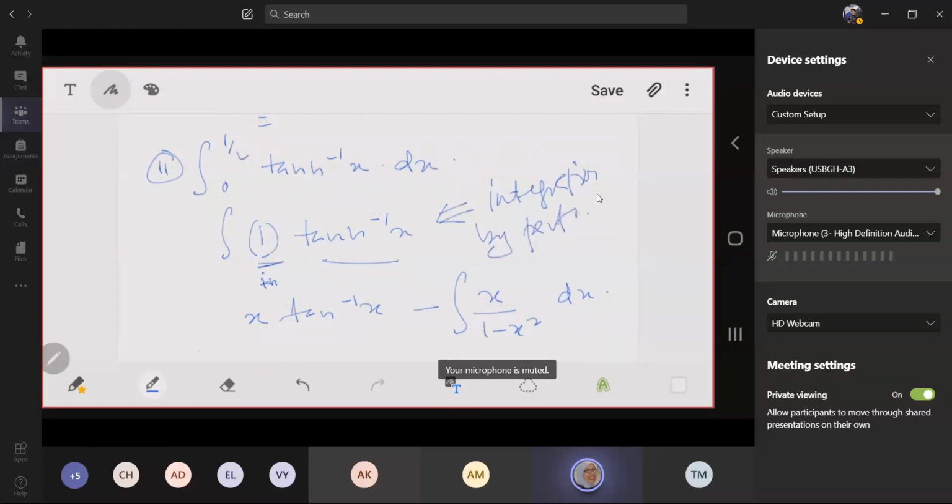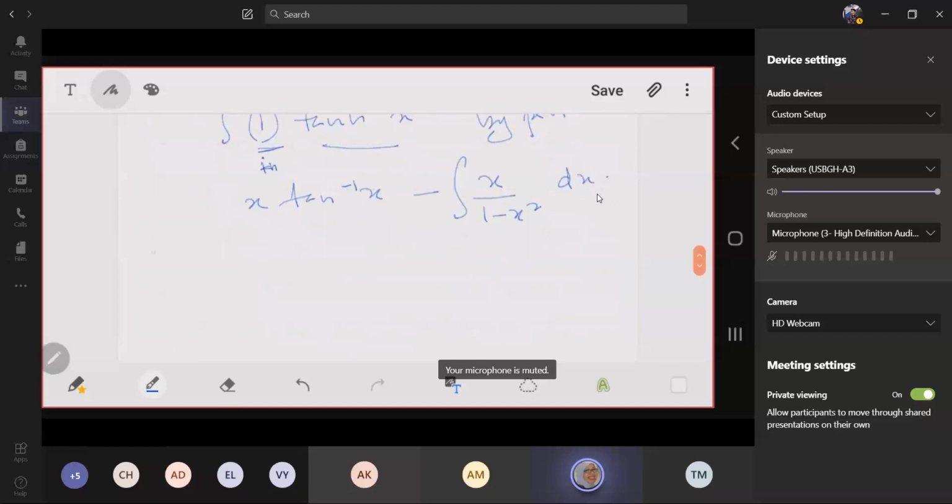Okay, then number 39. Evaluate the integral of x tangent to the minus 1 x. Bring your answer correct to... so this one is the normal one.